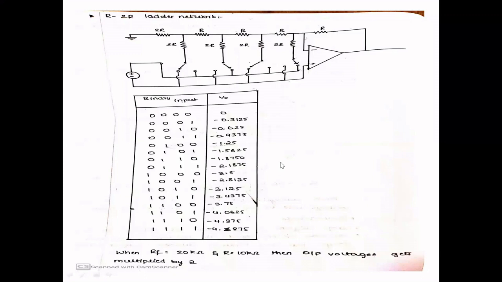And for the input, you have switches which are connected to your 2R, so each can operate as 0 or high, that is 0 or 1. So whenever we give these inputs to the R2R ladder network, these are the output voltages you are going to obtain.